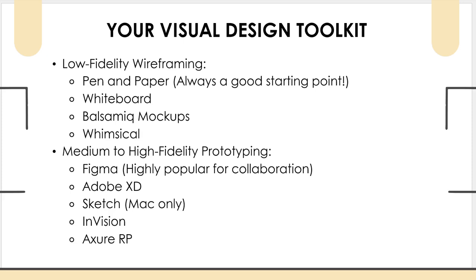Adobe XD is one of the good tools. Sketch is also there. InVision I also use, and it is also a good tool. I also use Axure RP, and it is one of the best tools. You can do entire wireframes and prototypes in Axure RP, and it will definitely help you.